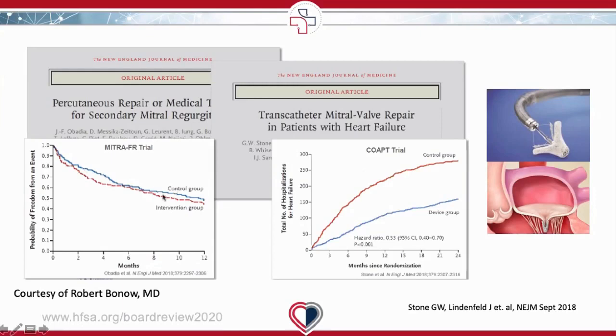The Kaplan-Meier curves look very different, with no difference between the control group and the intervention group in MITRA-FR. And we all know that the COAPT trial was indeed positive, showing significantly lower rates of hospitalization for heart failure at 2 years, the primary outcome, and significantly lower all-cause mortality at 2 years, a secondary outcome, in the device group.